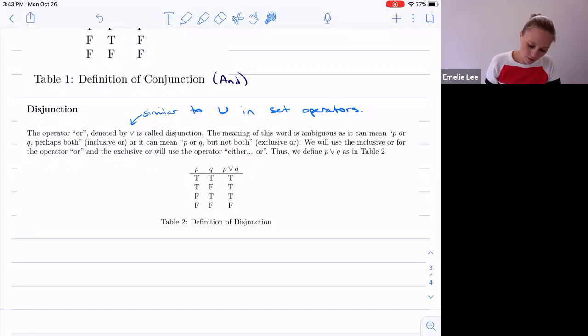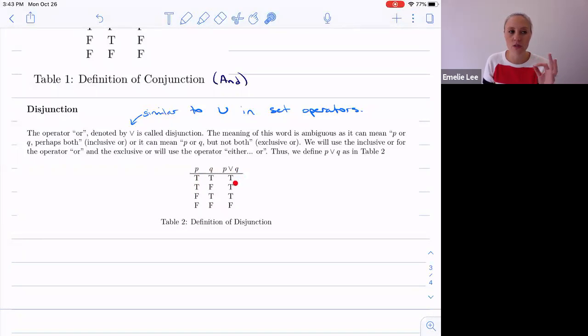Just like before, true, true, false, false, true, false, true, false. Our P and Q are set up the exact same every time, and you'll want to follow this structure. Then P or Q, if we're talking about the inclusive or, either P has to be true or Q has to be true.